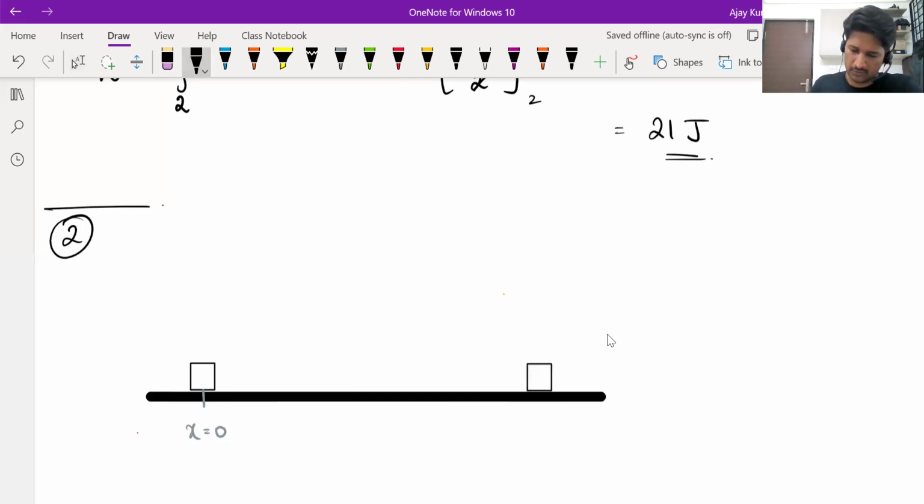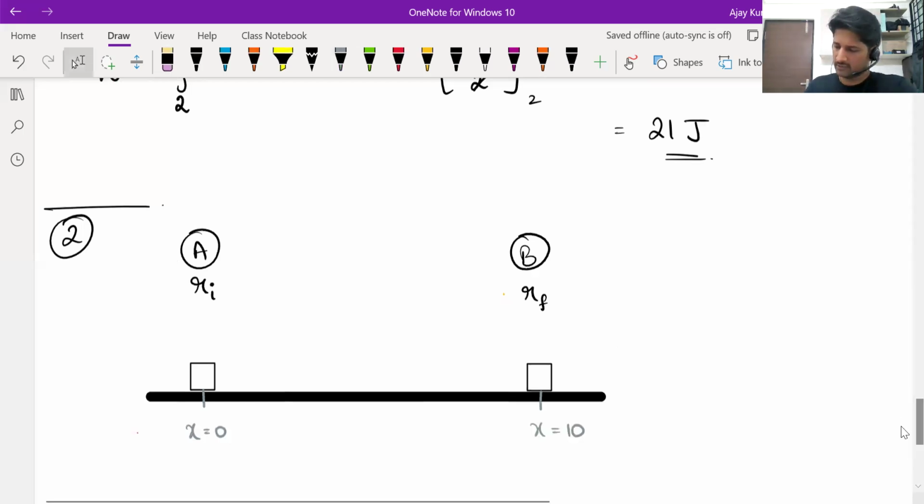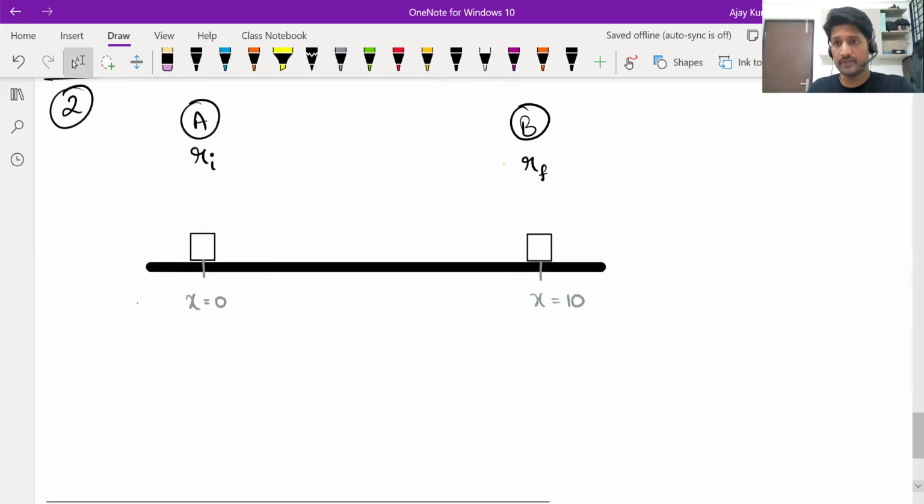So this is the initial position of the block. This is the final position of the block, and it is taken straight from this position to that position. You can call this A and B. Assume it's a rough surface, and this time the coefficient of friction is variable.